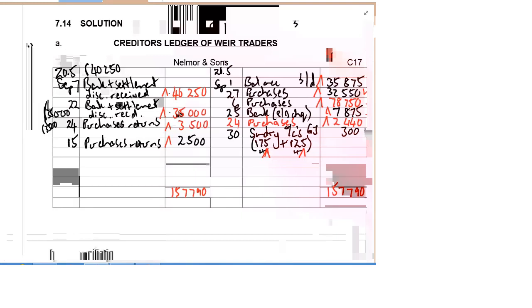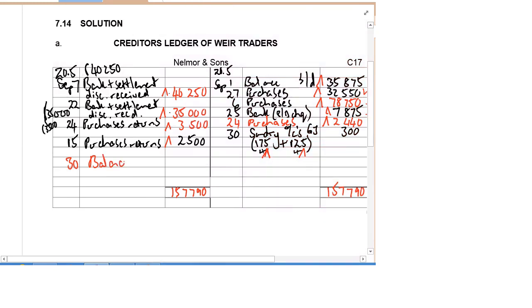So if we now go to our general ledger account, the credit side should be the biggest side because it's a liability. We expect it to have a credit balance. If we add up the credit side, we get 157,790, and we then subtract everything on the debit side. That means on the 30th of September, we're going to have a balancing amount here that we're going to carry down, and the balancing amount is going to be 76,540.